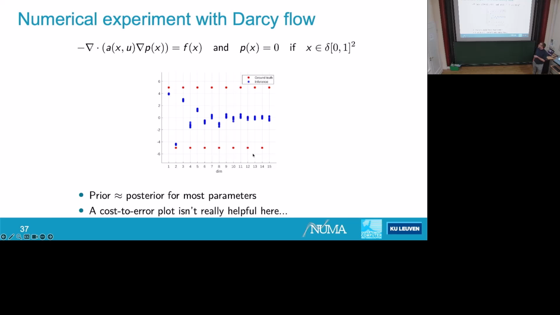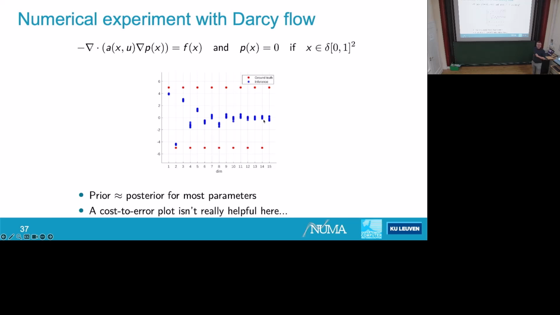And the nice graph that he gets shows what we actually learn from the posterior distribution afterwards. What he sees is the following. The first few modes you learn from the data. But the remaining modes we don't really learn, because the priors were standard normally distributed. So what does this mean?